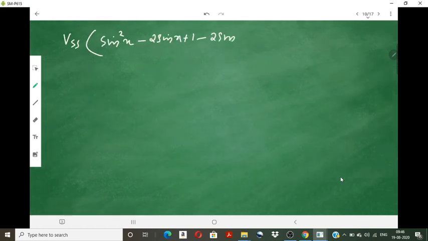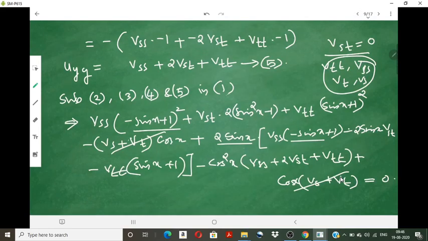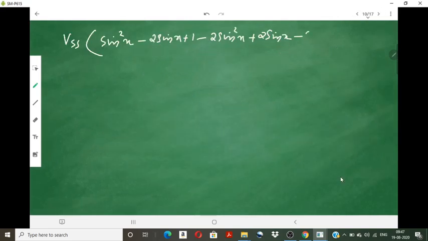Again the Vss term, that is minus cos square x. Okay, this is the coefficient of Vss.